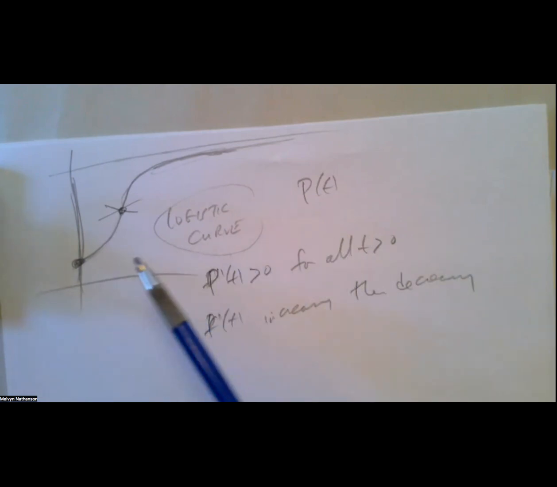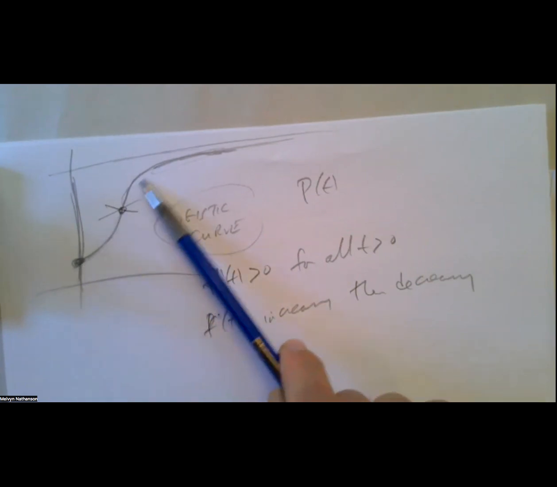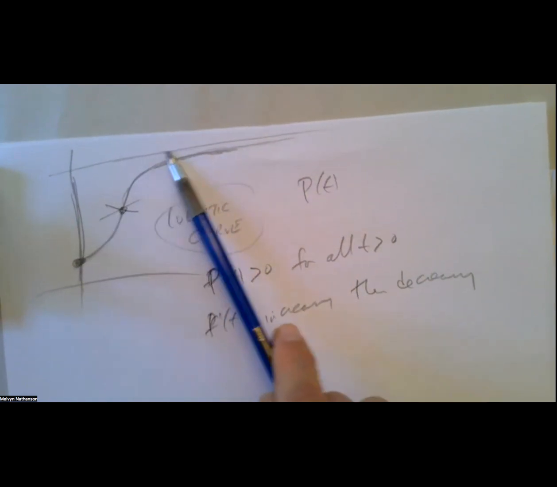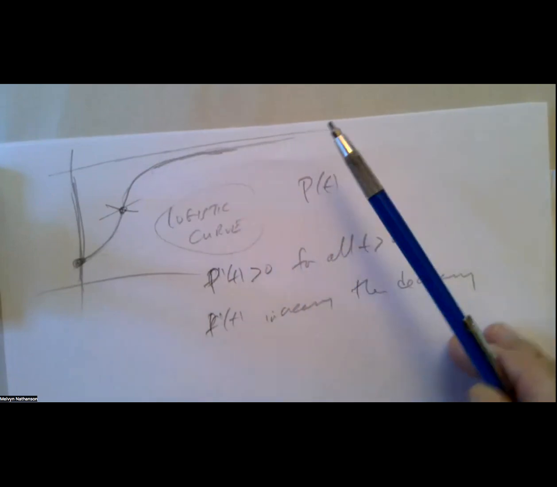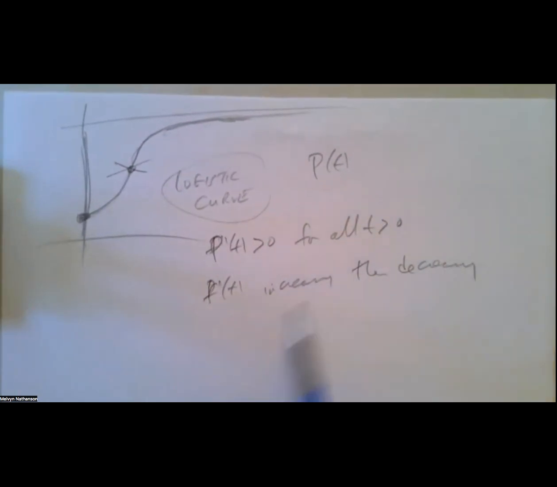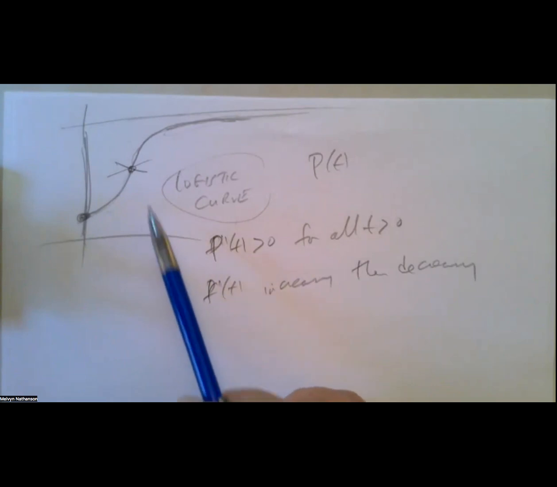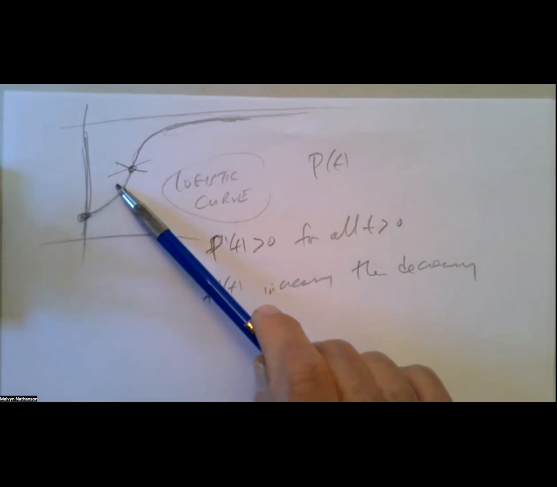So this curve has positive derivative everywhere. It's approaching some horizontal line asymptotically. That would be the maximum population that the environment can sustain. And if you look at the rate of change of the population, it grows exponentially in the beginning more and more quickly.